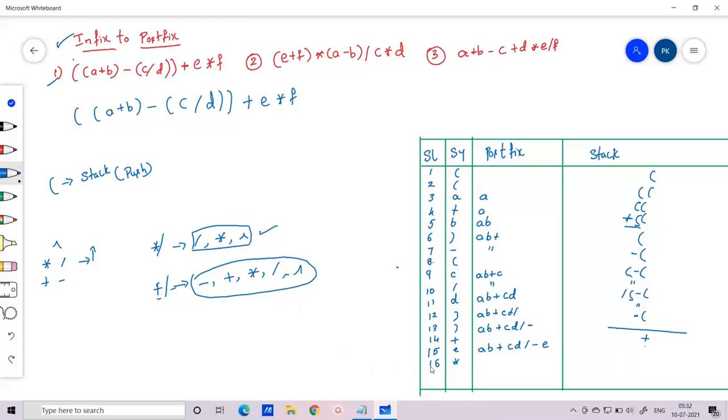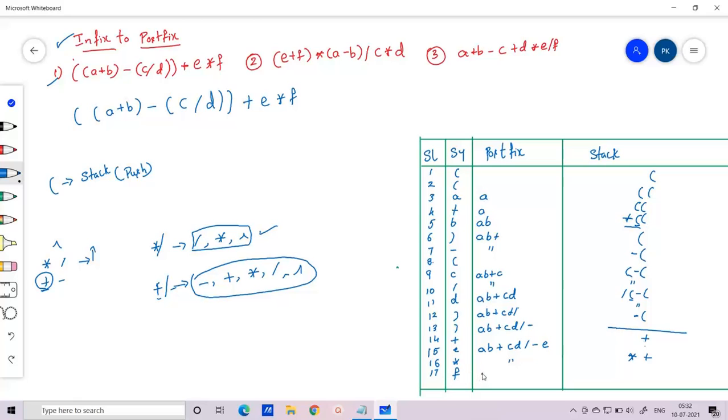But now I got a multiplication symbol, and I have plus here, which has lesser precedence compared to multiplication. So we are not going to remove that operator from the stack. Instead, the multiplication symbol will be added onto the stack. So I'll get the multiplication symbol and the plus symbol in the stack. Now this will remain as it is. In the 17th character, we have the last character, F.